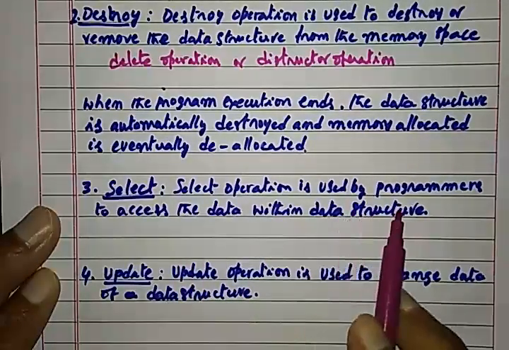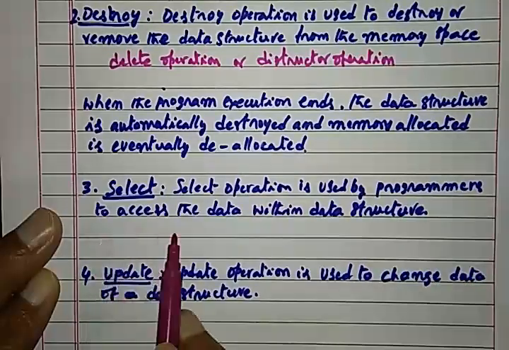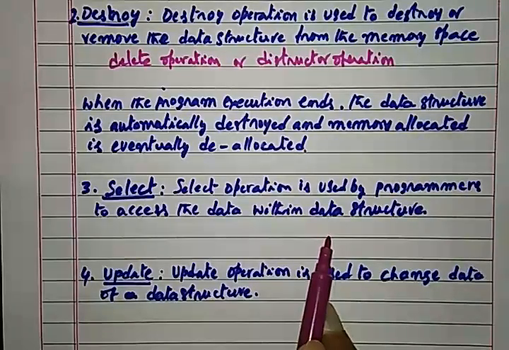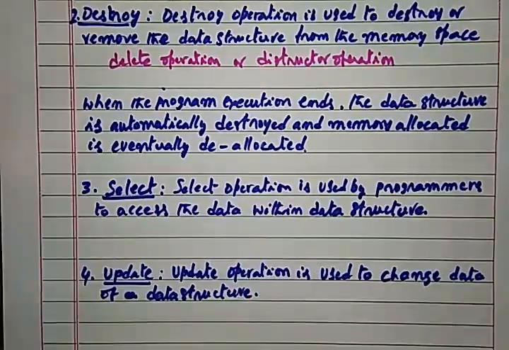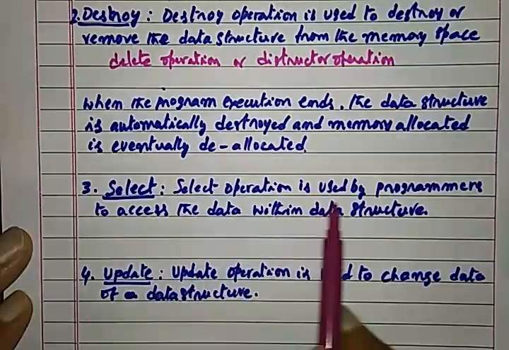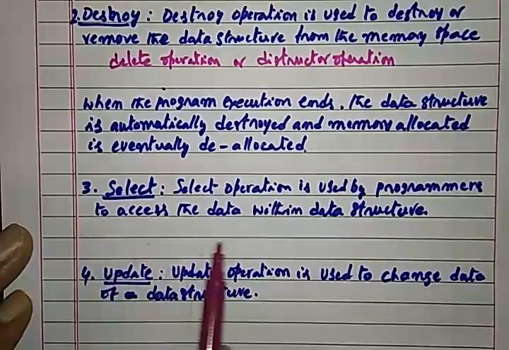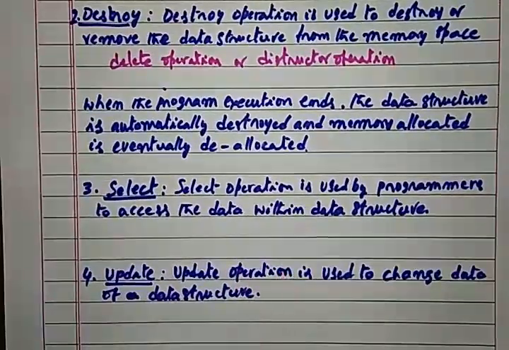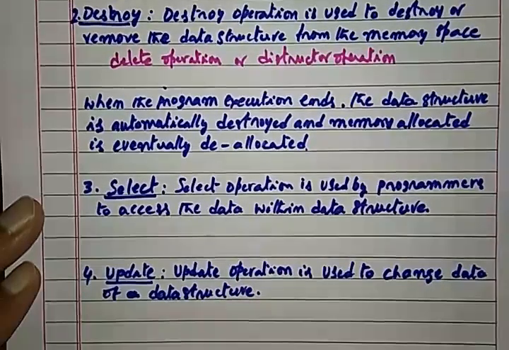Then the select operation is used by programmers to access the data within the data structure. Once you have data, definitely you need to use it to run the program or to get some outputs. So you should have accessibility, so you can select it.